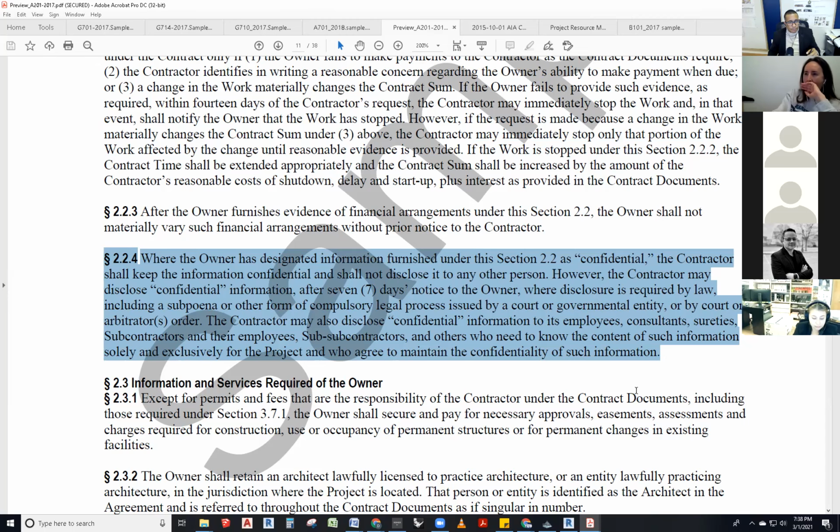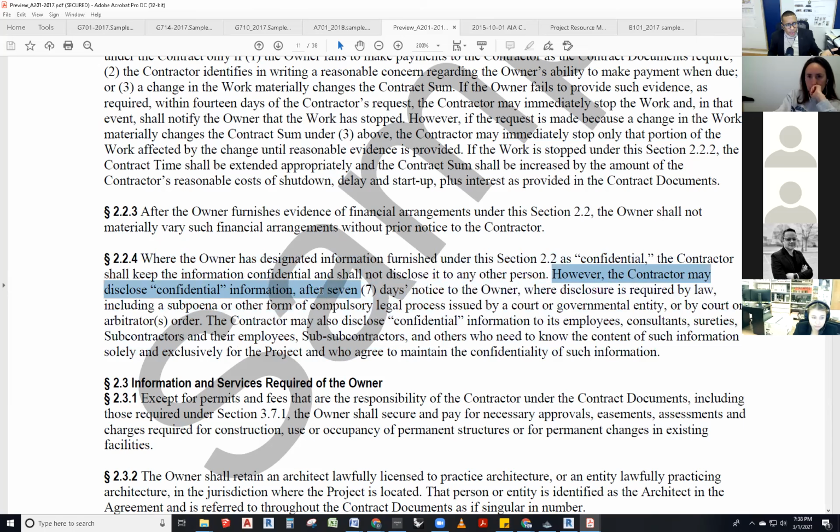Now you guys remember this other clause that says, however, the contractor may disclose confidential information after 7 days written notice to the owner where disclosure is required by law, including a subpoena or other form of compulsory legal process issued by a court or governmental entity or by court or arbitrator's order.